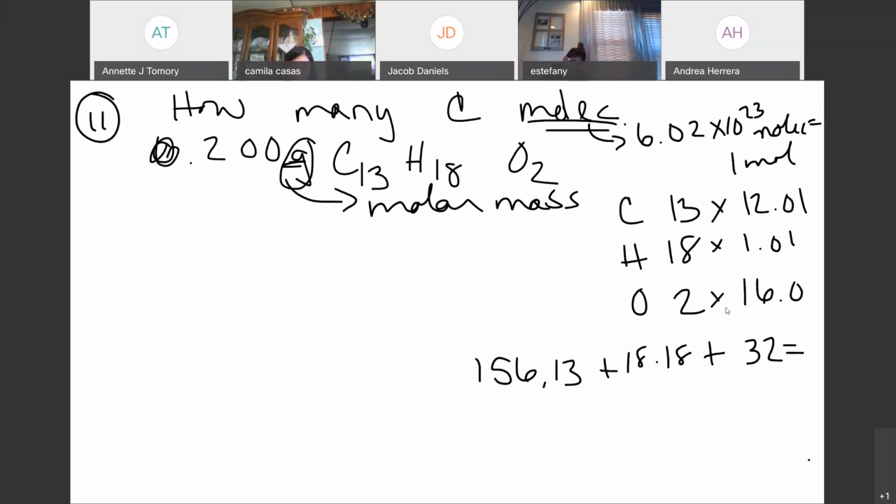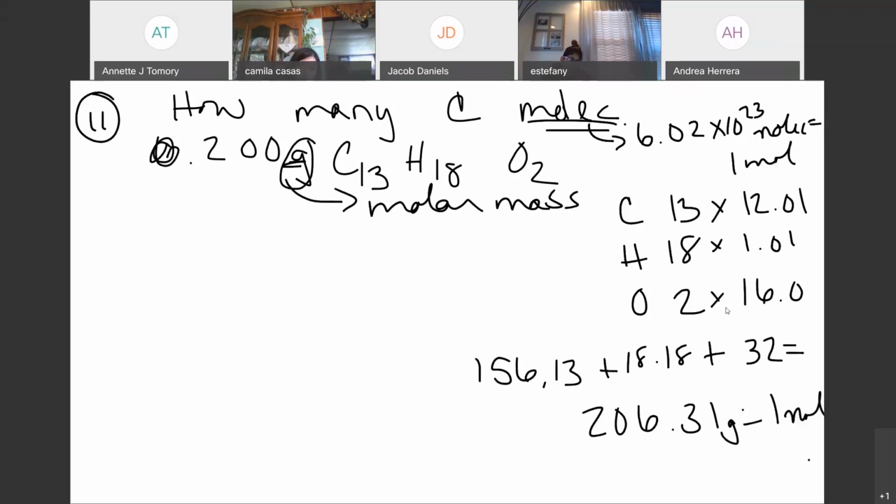Like 206 something. Is that right? 206.31. Perfect. 206.31 grams is equal to 1 mole.